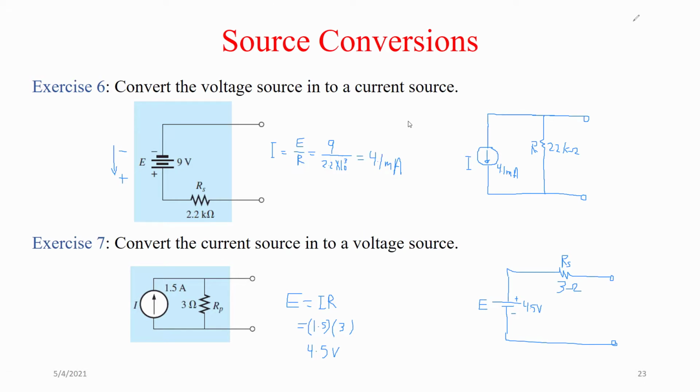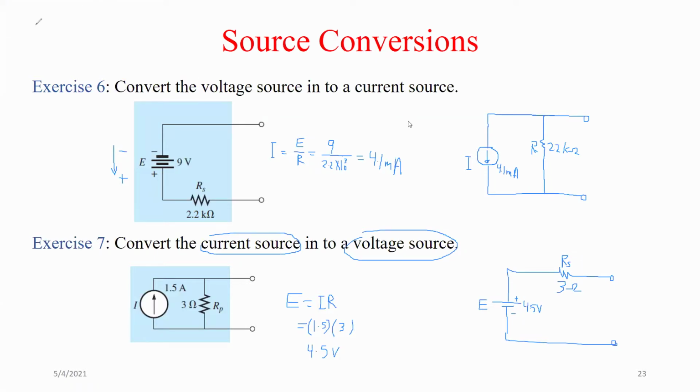From parallel to series. Because this is the current source equivalent circuit and this is the voltage source equivalent circuit. The question says that. The question says you have a current source, give me the equivalent circuit for the voltage source that is equivalent to this. This voltage source equivalent circuit is basically the battery and resistance in series.